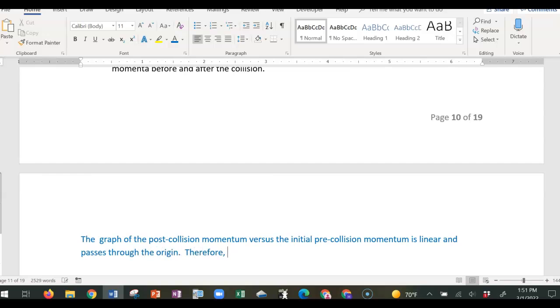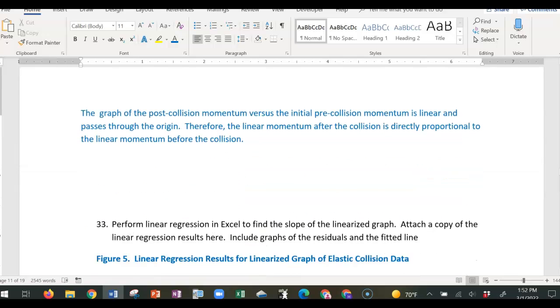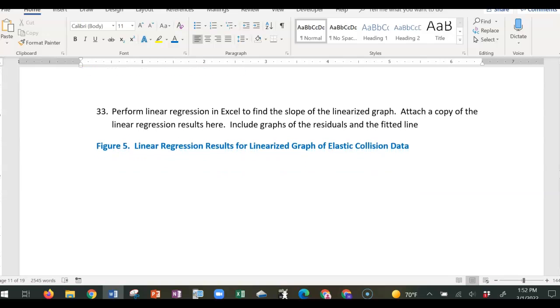Therefore, the linear momentum after the collision is directly proportional to the linear momentum before the collision. So we have a directly proportional relationship, and we need to get the slope so that we'll be able to write a physics equation.